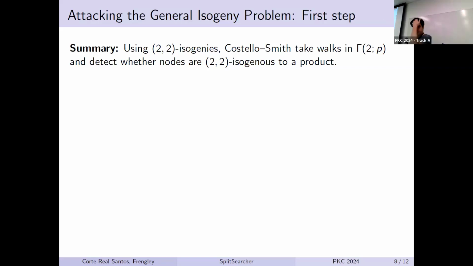So very concretely, what does the attack do? Costello and Smith walk around in the 2-2 isogeny graph, to this gamma 2p, and they just walk until they hit a product.